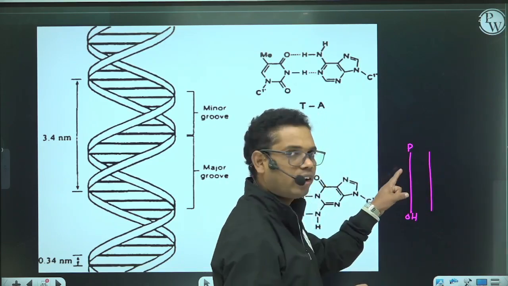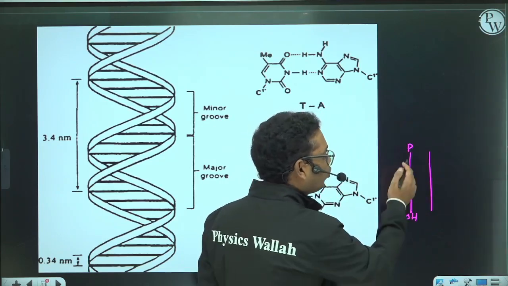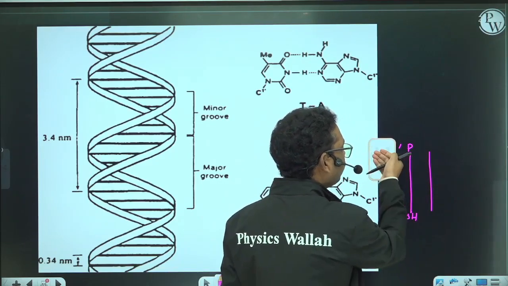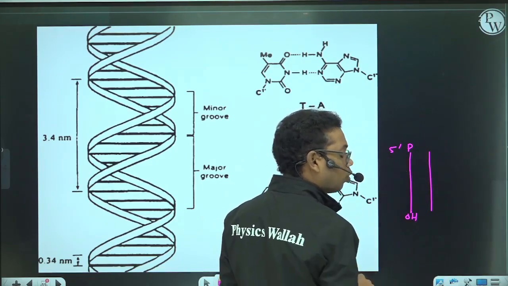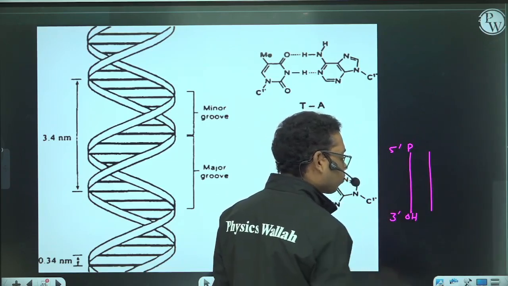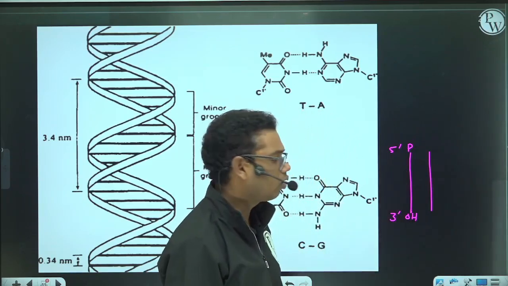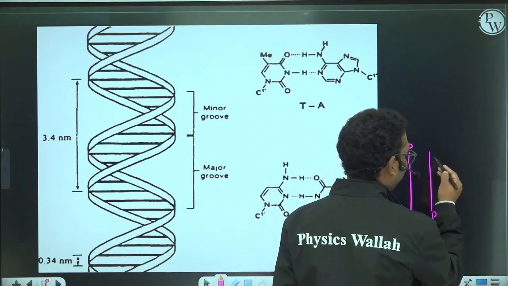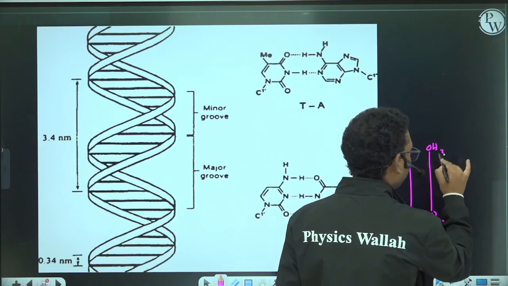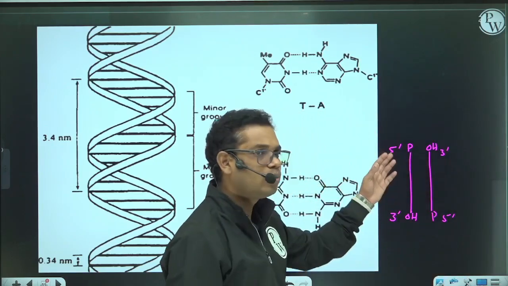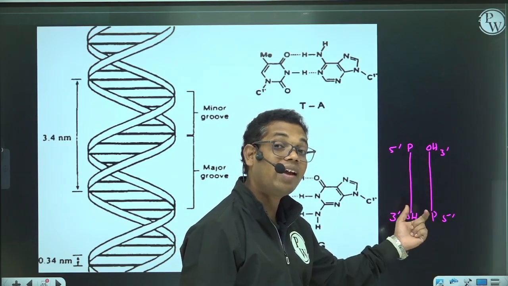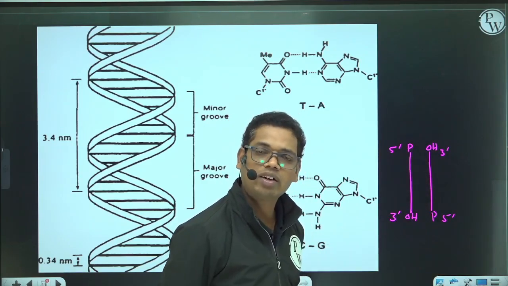The end which has the phosphate group will be called the 5' end, and the end which has the OH group will be called the 3' end. So you can clearly see the polarity is 5' to 3', and here 3' to 5'. So they are anti-parallel.